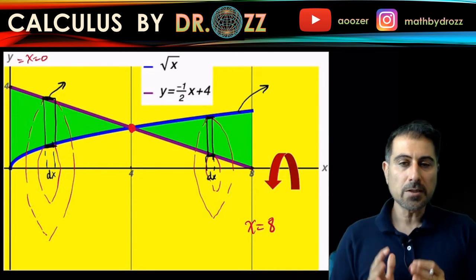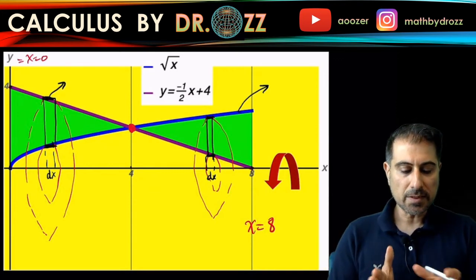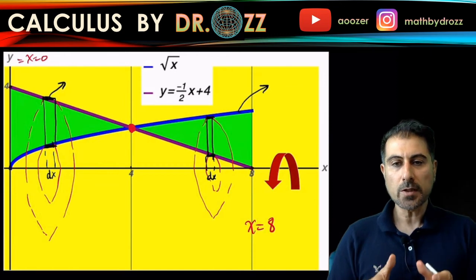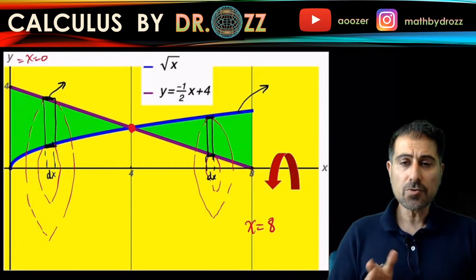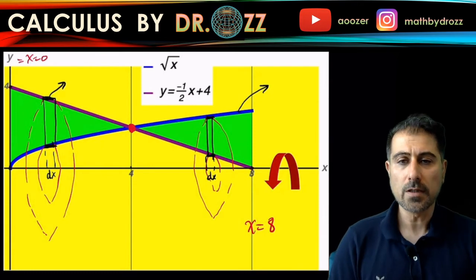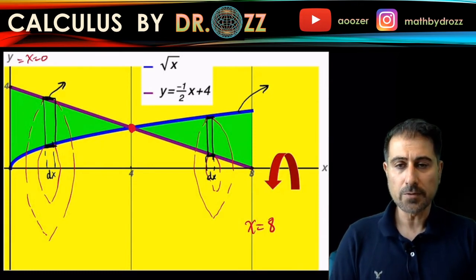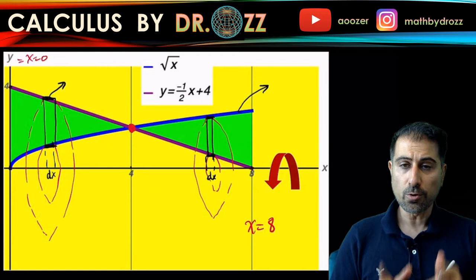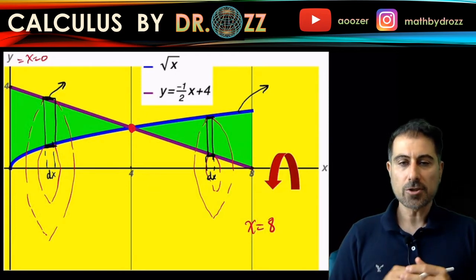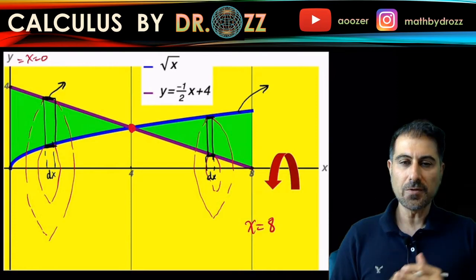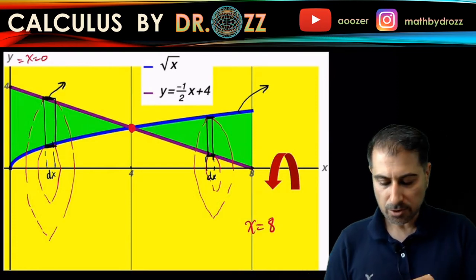So I'm going to split this green region into two parts, one on the left, one on the right, and then I'm going to use different formulas to find the volumes of the three-dimensional objects. But before I do that, I want to show you what the actual three-dimensional shape is, just for you to visualize it. So let me show that to you.